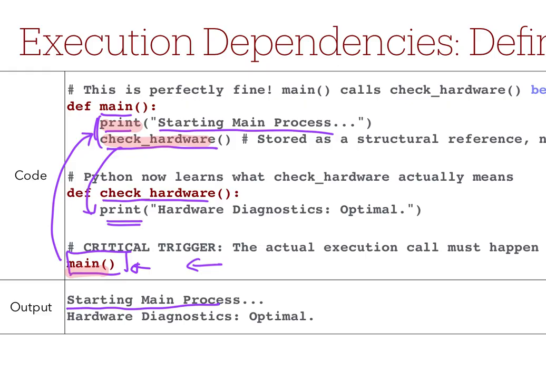So when I go inside the main function right after you call that main function, the check hardware function has already been defined. So at that point, we already have the blueprint for the check hardware function. So when I call the check hardware function inside the main function, there's no problem with it. Okay.